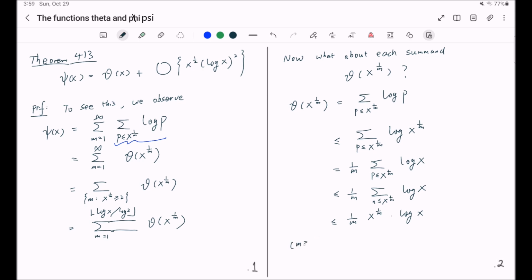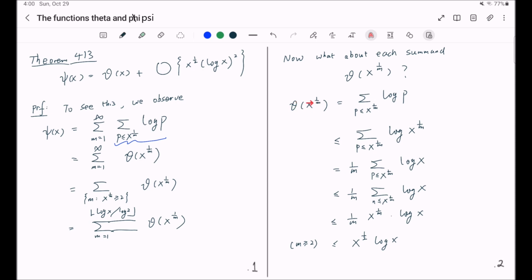And if m is bigger or equal to 2, this is going to be less than or equal to the square root of x times log of x. So here x is always bigger or equal to 1, and this part will be monotonically decreasing as m increases.